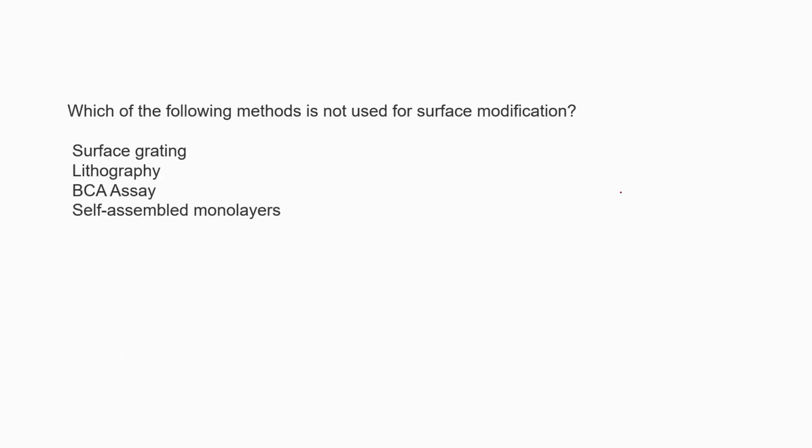Okay, here is the next question. Which of the following methods is not used for surface modification? Options are surface grafting, surface crafting, lithography, BCA assay, self-assembled monolayers.